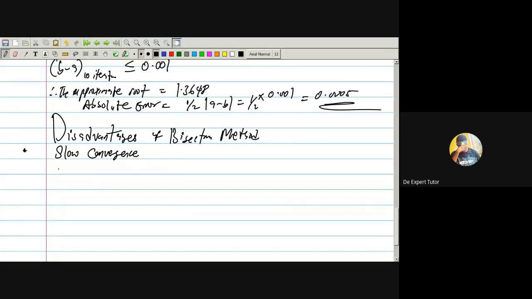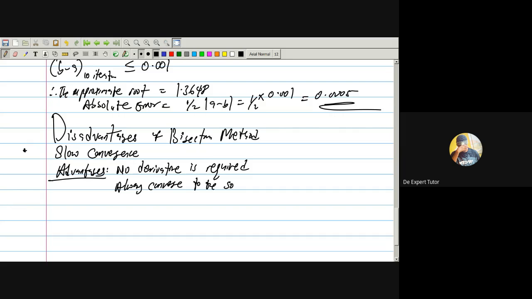And so on like that, you can find other ones. And the advantages are that no derivative is required, that is, there's no derivative of the function. Another advantage is that it always converges, but it can still take time. It always converges to a solution.